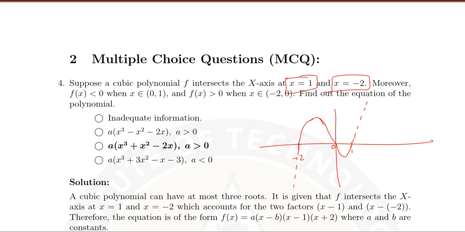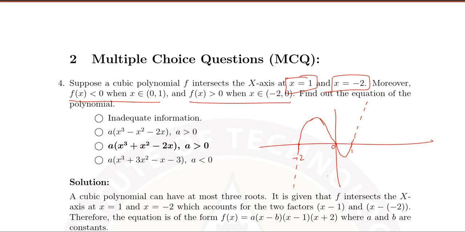From the given condition, for x belongs to 0 to 1, f of x is less than 0, and f of x is greater than 0 when x belongs to -2 to 0. That means another factor can be here, correct? So the possible equation can be of what?